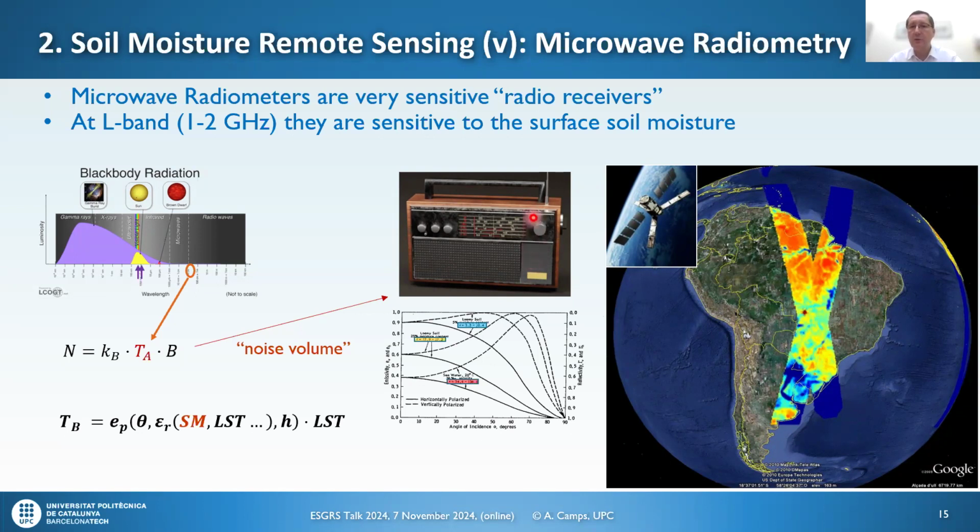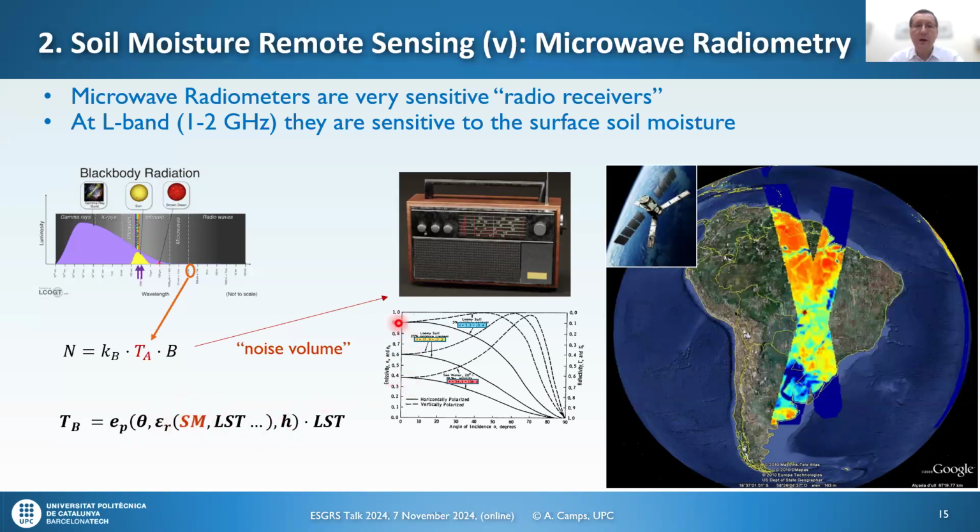This noise has two contributions, one that is being picked by the antenna and the other is the noise that is internally generated in the receiver itself. But the contribution coming from the antenna turns out to be related, of course, to the incidence angle or the observation angle, the polarization of the antenna, the land surface temperature, the roughness, and notably, the soil moisture.